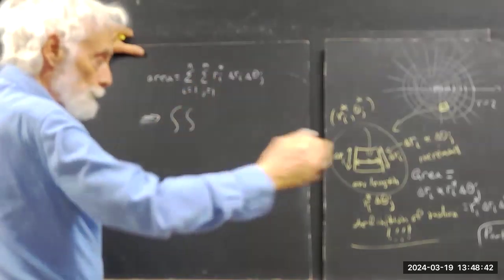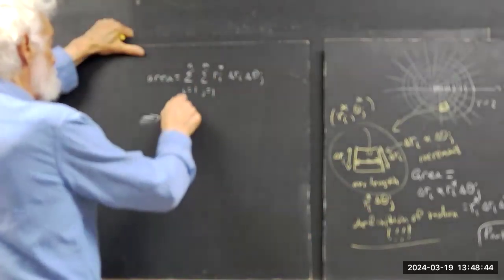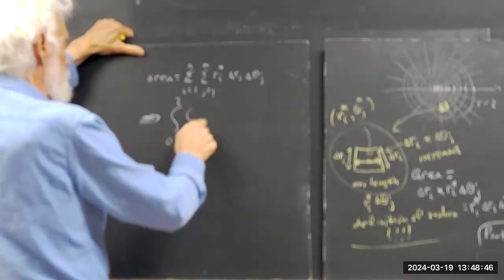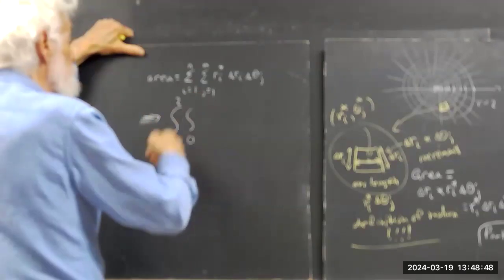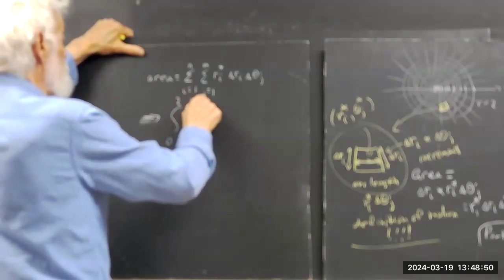R is partitioned from 0 to 2. Theta is partitioned from 0 to 2 pi.